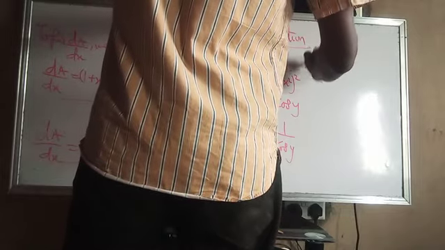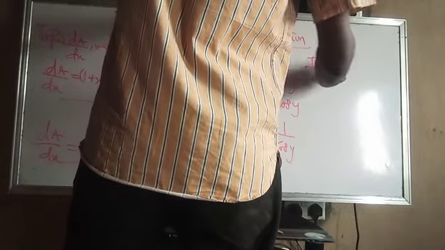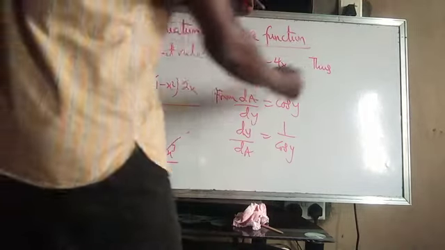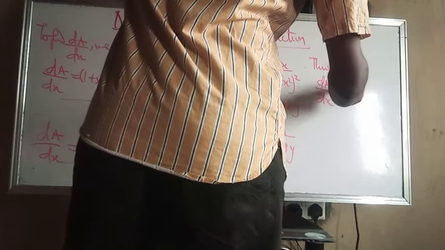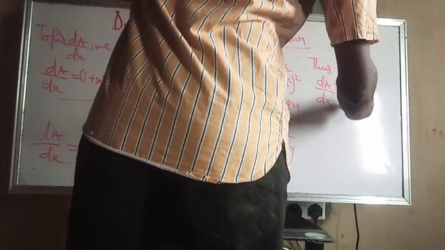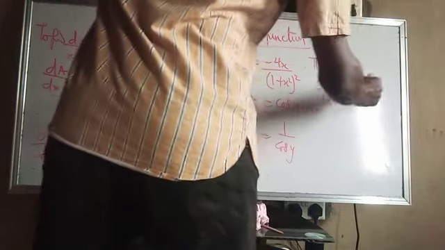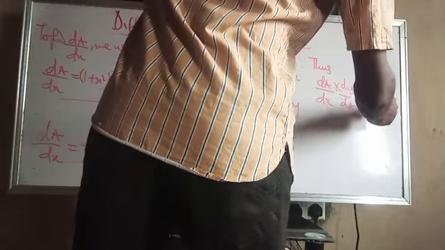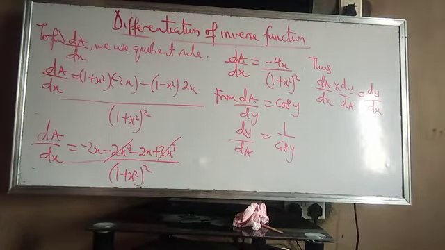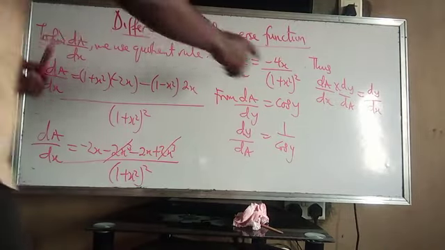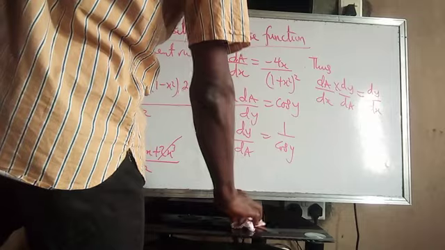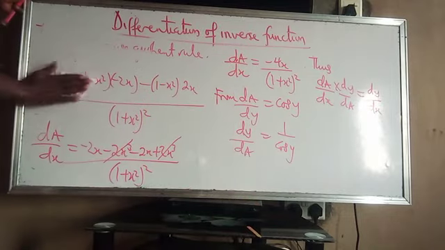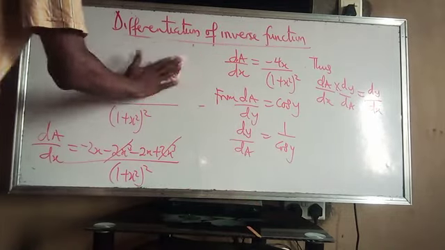Therefore, multiplying dA/dx by dy/dA will give us, let's check, dy/dx. Wow, it will give us dy/dx. So we now multiply. We have gotten dA/dx to be this, and we have gotten dy/dA to be this.